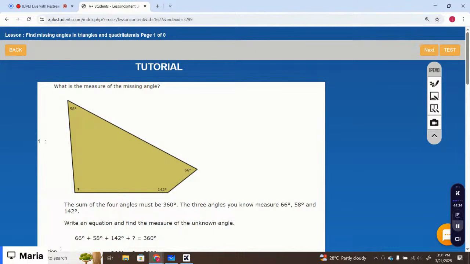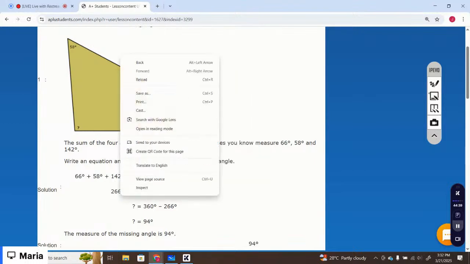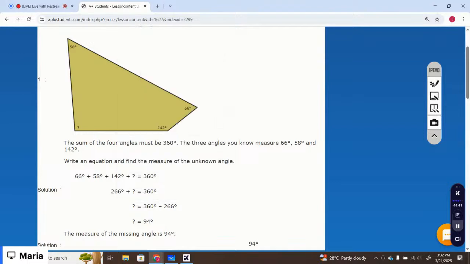So the sum of all the angles must be 360 degrees. So just add 66, 58, 142, and the sum is 266. Subtract it from 360, so the missing angle is 94 degrees.